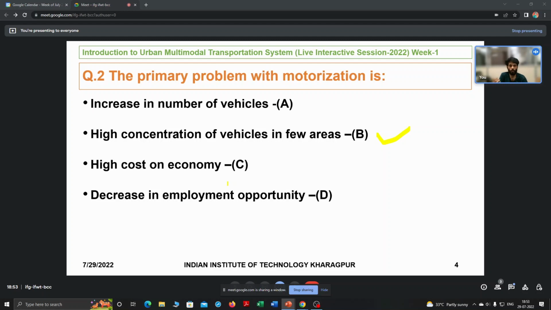Now the road is congested, and fewer public transport vehicles are running on the road. So the poor people are at a disadvantage, right? They are not able to go for work and those things, so it may decrease their employment opportunity. It is not direct, but it can be thought of as an indirect thing.